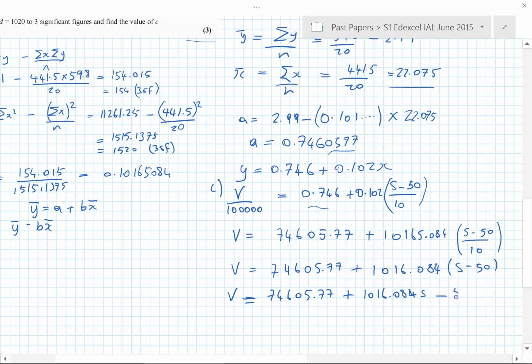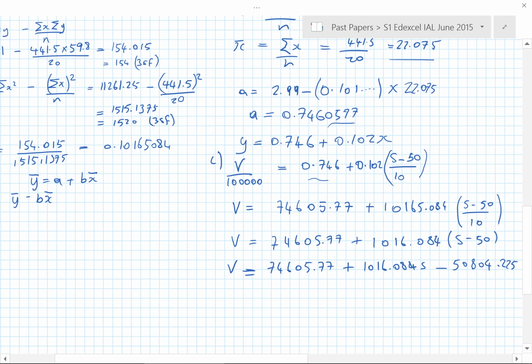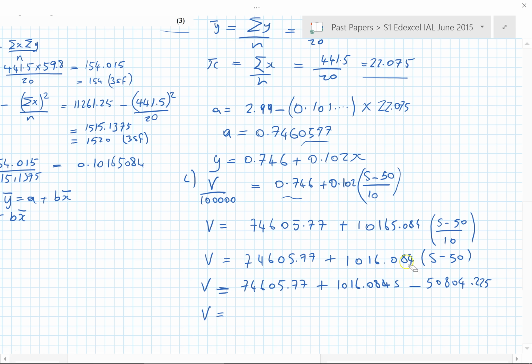So that's 50804.225. So then if I find a difference between those two, I get V is equal to, I just noticed a slip here.